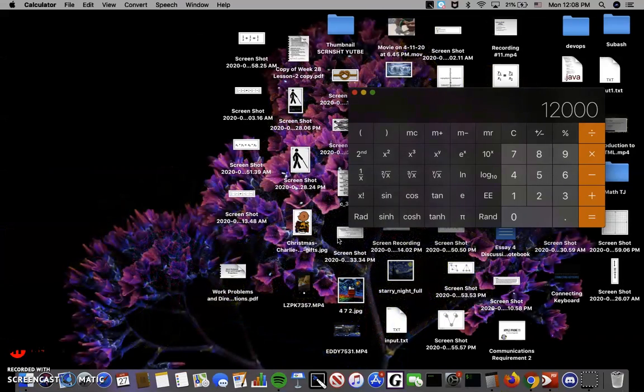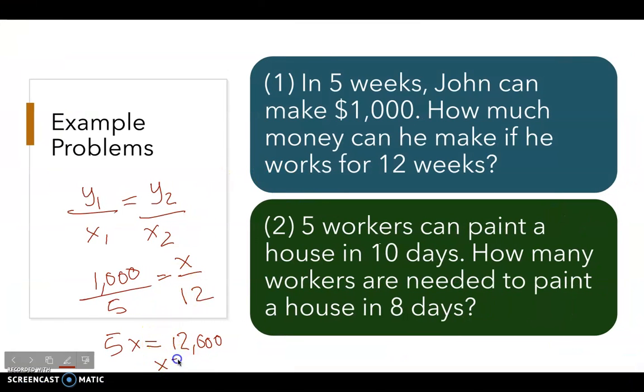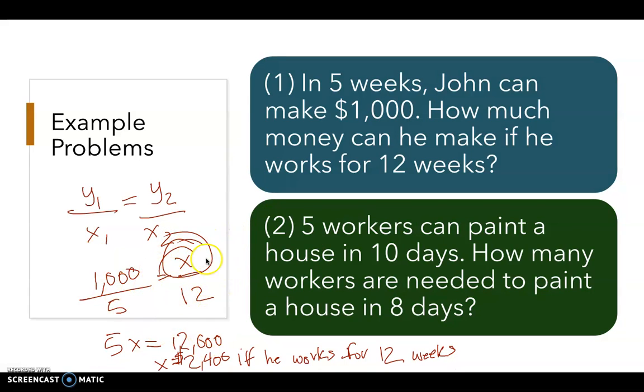So doing 12,000 divided by 5, he would make about $2,400 if he works for 12 weeks. And that's how you would solve for the x value in this case, right? And also, if we know 3 quantities, we can always find out the 4th quantity by doing the cross multiplication and turning that into an equation, okay?